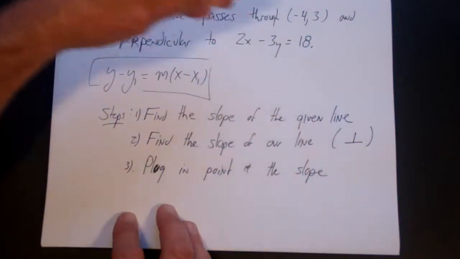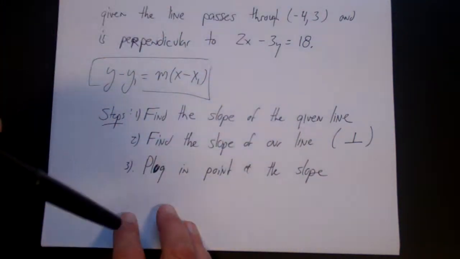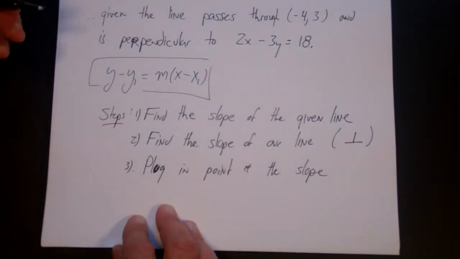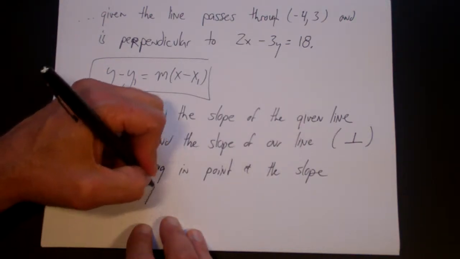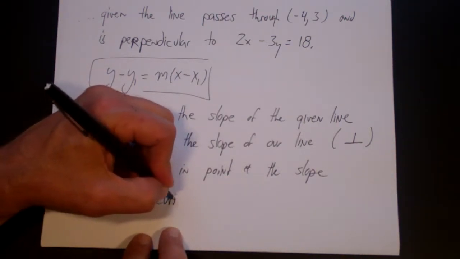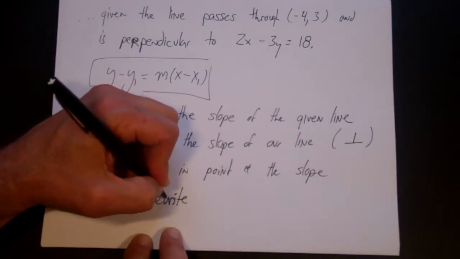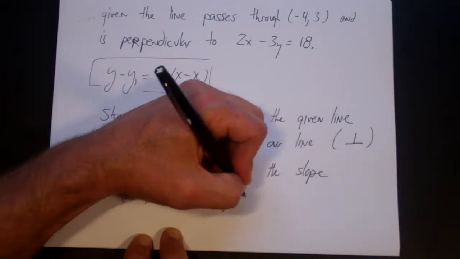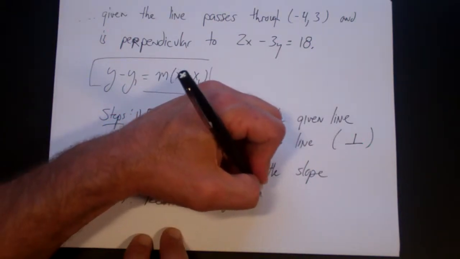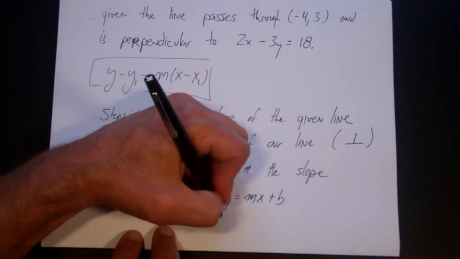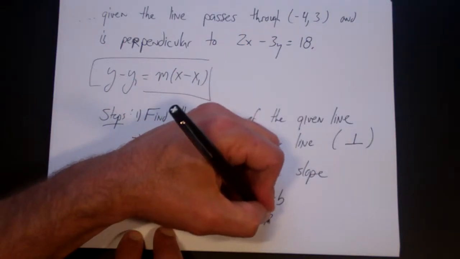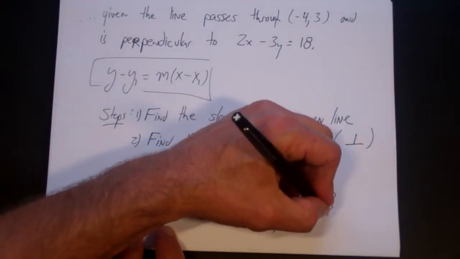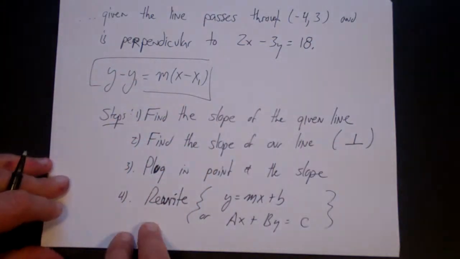We want the slope not of the line that we're given, but the slope of the line perpendicular to that line. And fourth, you're going to rewrite it, and generally the way that you're going to rewrite it is either y equals mx plus b or ax plus by is equal to c. Almost always it's going to be one of those two forms.